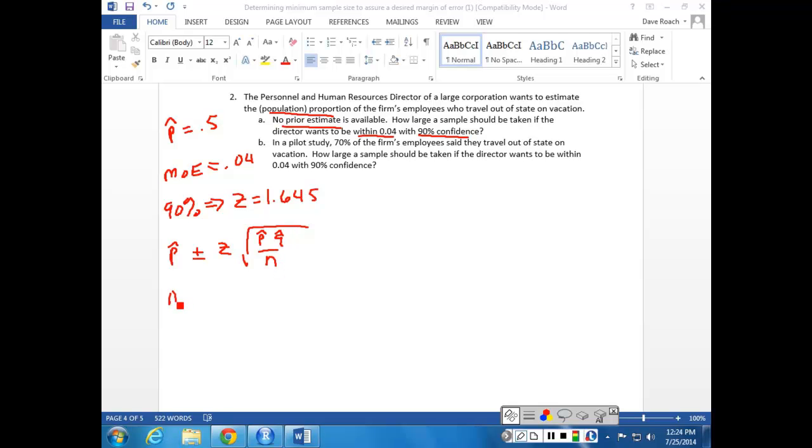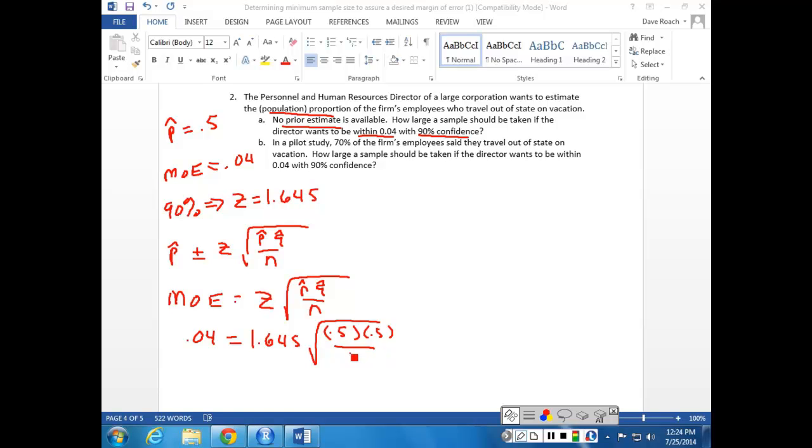And so we're going to set margin of error equal to Z times the square root of P hat Q hat over N. So we have 0.04 is equal to 1.645 times the square root of 0.5 times 0.5 divided by N. So the first thing I would do on this one is square everything. 0.04 squared is equal to 1.645 squared times, just take the radical away, 0.5 times 0.5. If you want to multiply that out and put 0.25, that's fine, divided by N.